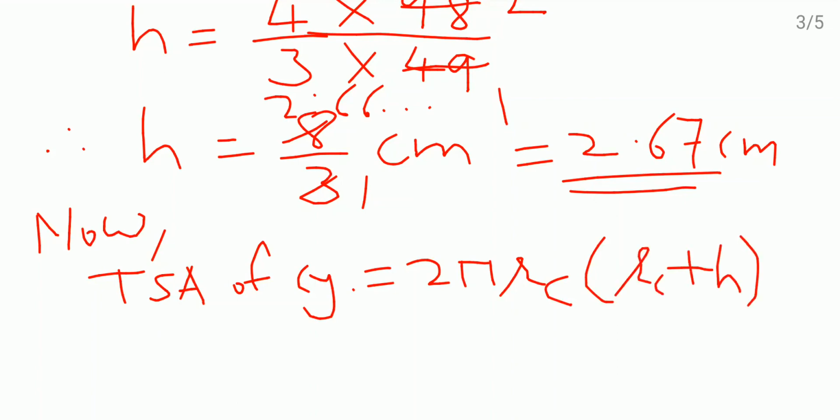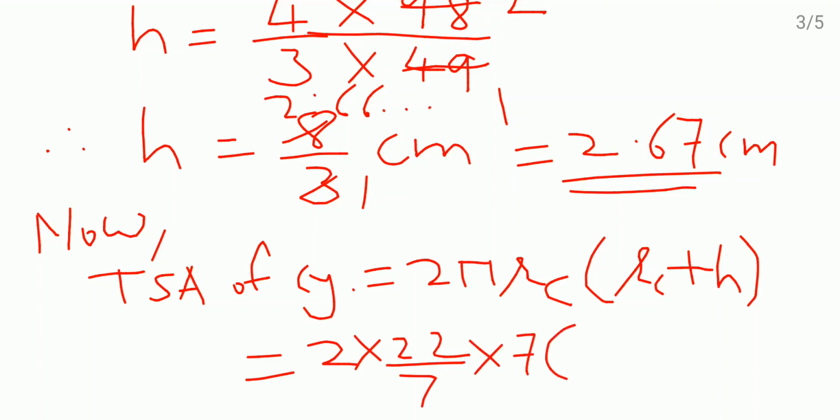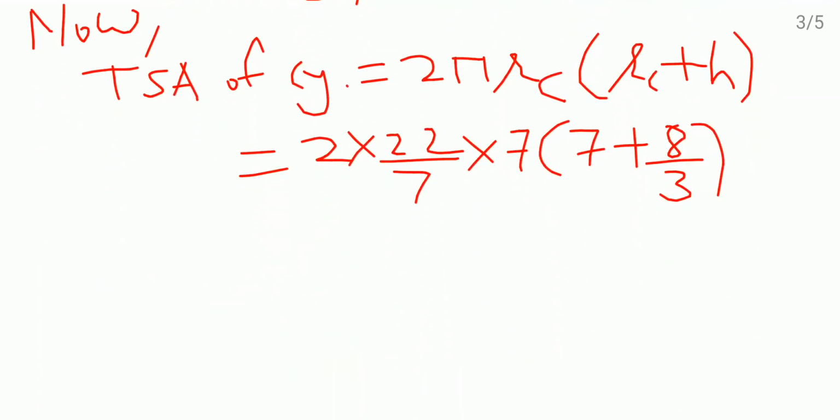I am writing RC here, or even if you do not write that, just write 2 pi r in the bracket r plus h. That is the formula, which is equal to 2, value of pi is 22 by 7, r is 7 here, 7 plus 8 by 3. Here you see 7 and 7 got cancelled.